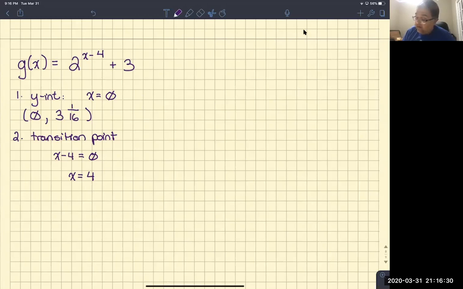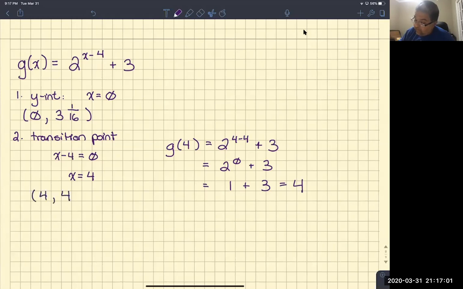Well, what is the y-coordinate of the transition point? I know the x-coordinate is 4. To find the y-coordinate, I plug 4 back in. So the transition point occurs at 4, 4.